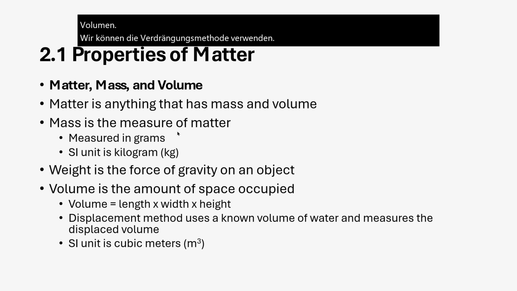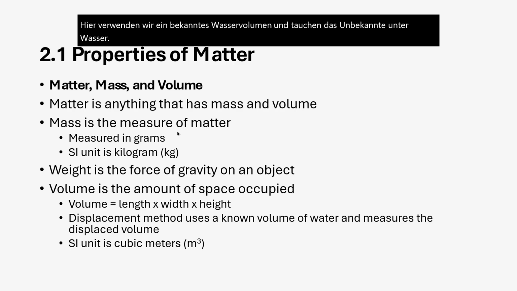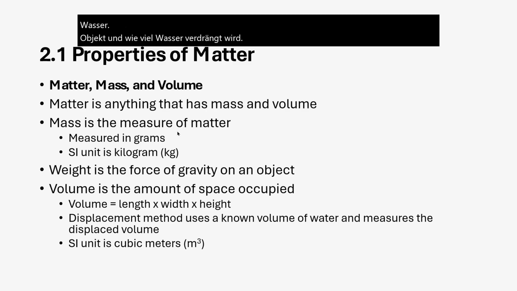This is where we use a known volume of water and submerge the unknown object, and however much water is displaced is the volume of the object. Volume, the SI unit, is cubic meters.